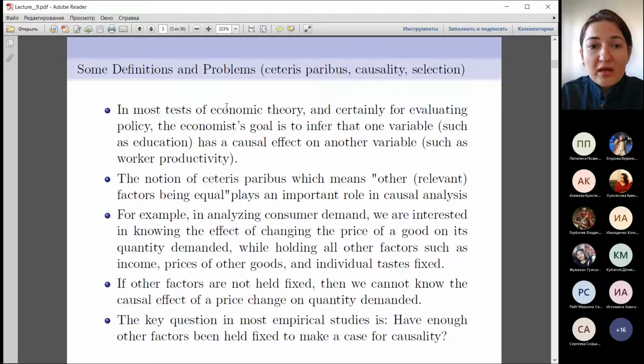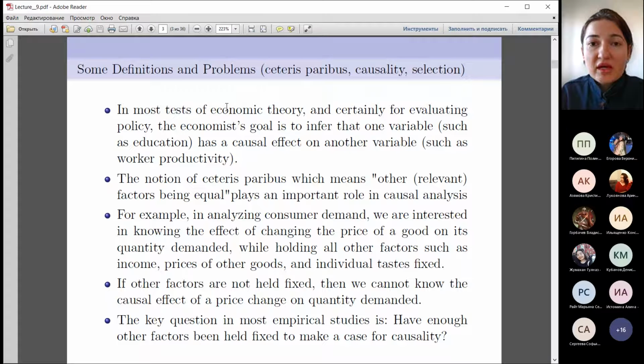If you remember, we discussed through the first lecture that in most researches, or in economics, or in business, or when we implement different policies, our main goal is to find how one or, let's say, several variables affect our dependent variable.